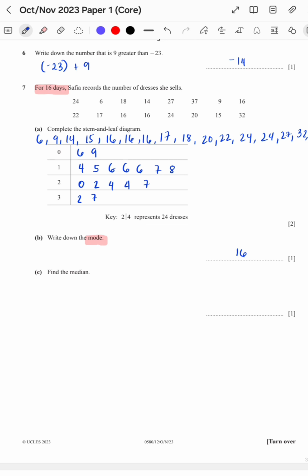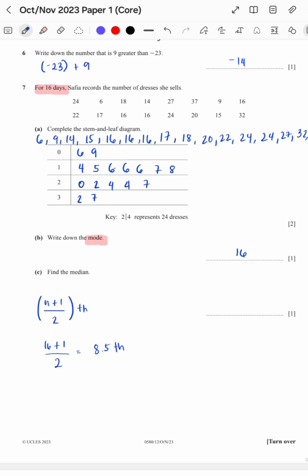If you want to find the position of the median, you can use the formula n plus 1 divided by 2. So this is the position and not the median. That's 16 plus 1 all over 2, so 17 over 2 or 8.5.